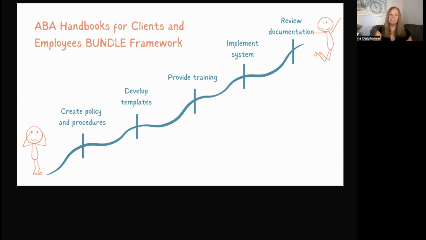So the first thing they need to do is create policies and procedures. They need to develop templates that they can use with their staff and clients. They have to provide training to staff and potentially to clients' parents on how to complete all of the documentation. They have to implement their system, and they have to be able to review the documentation regularly to make sure that it's all up to date.